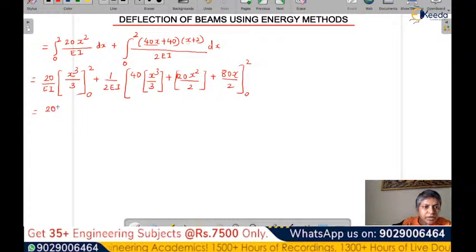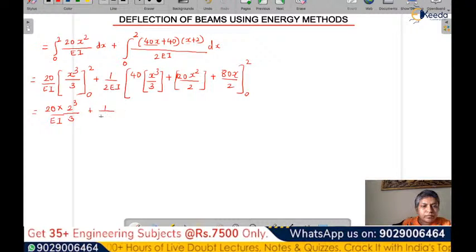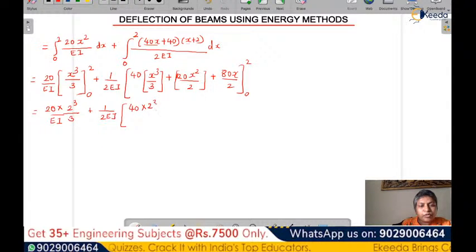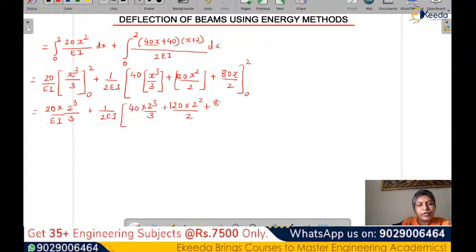So here it is 20 into 2 cube by 3, then 40 into 2 cube by 3 plus 120 into 2 square by 2 plus 80 into 2 by 2.